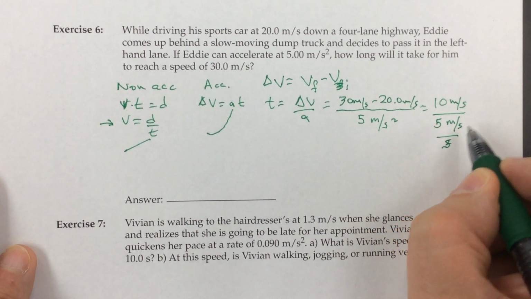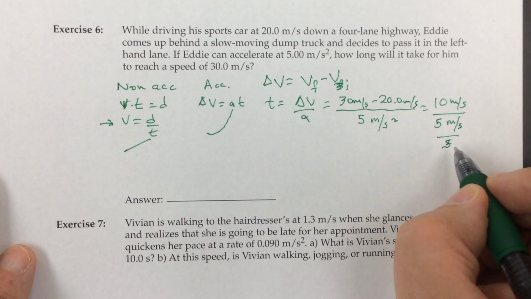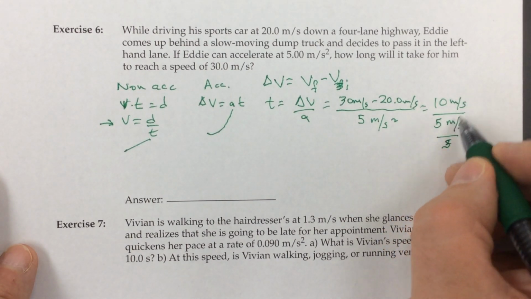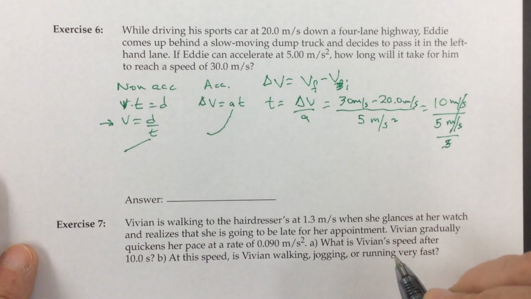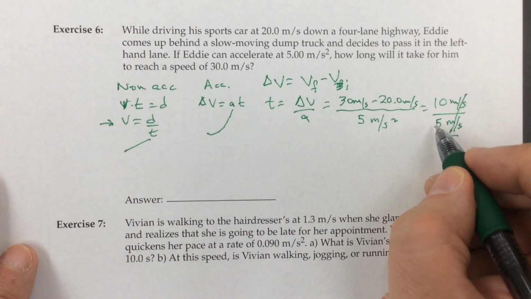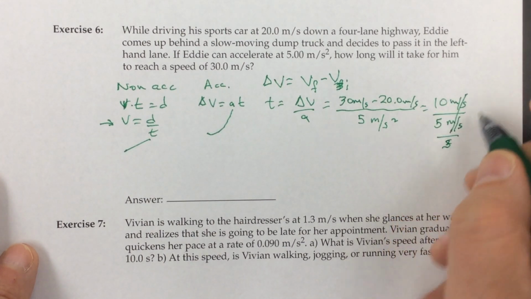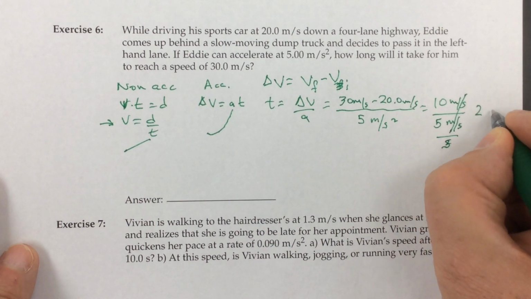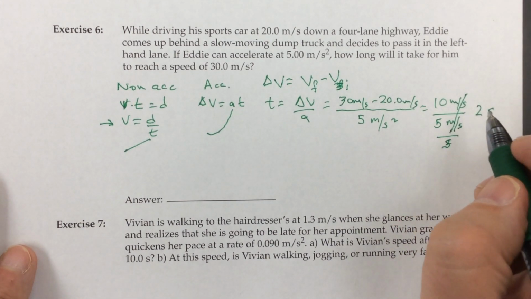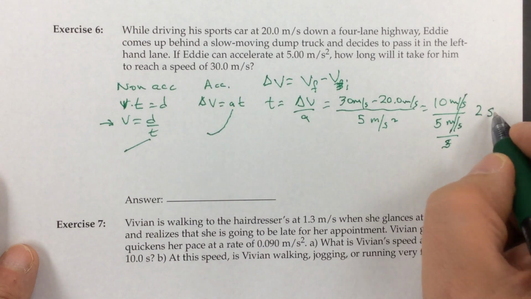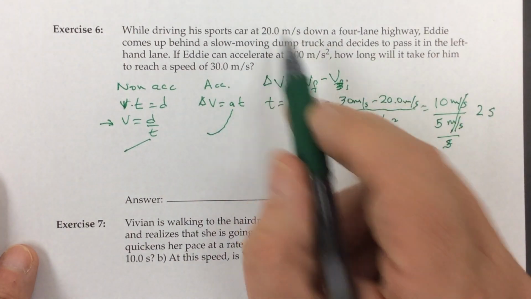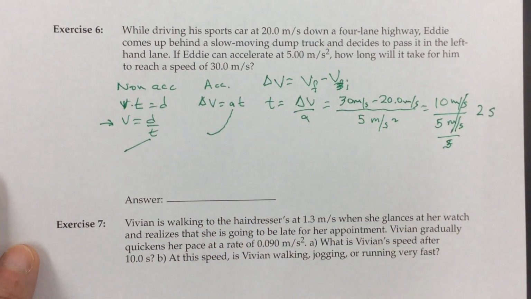That's what second squared means, it's 5 meters per second divided by seconds. So these will cancel, and my answer is going to be in seconds. So 10 divided by 5 is 2, and the answer will be 2 seconds. So it's going to take me 2 seconds to go from 20 to 30 if I have an acceleration of 5 meters per second squared.